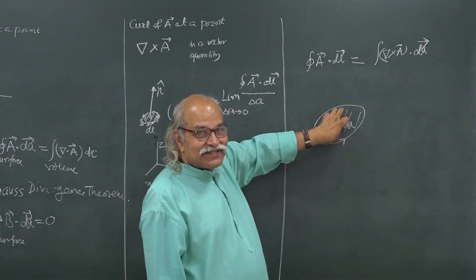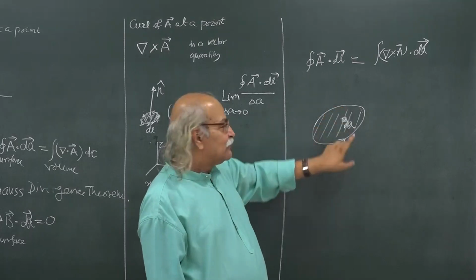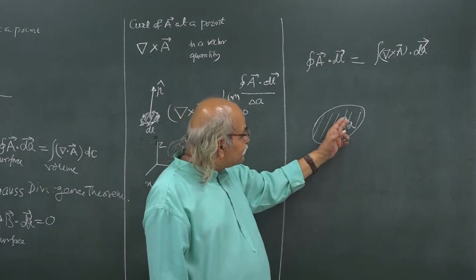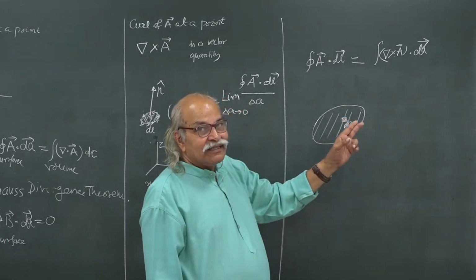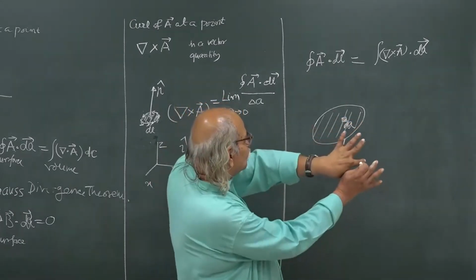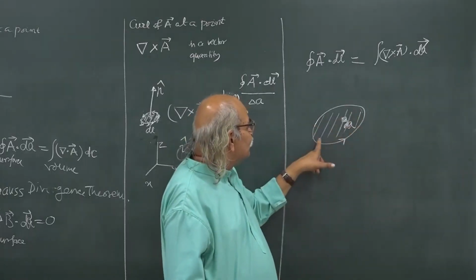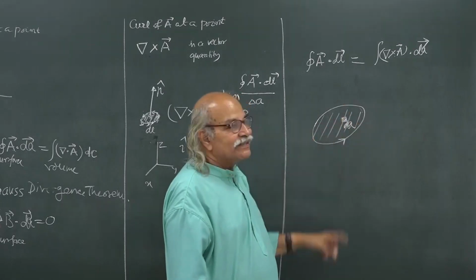Now, this is not your choice anymore. You have chosen this arrow, and therefore the dA vector should be such that if you look from the dA vector side, then this arrow should give you an anti-clockwise direction.